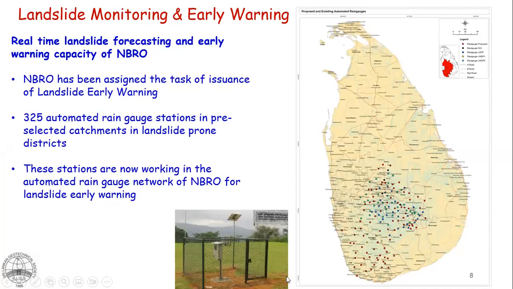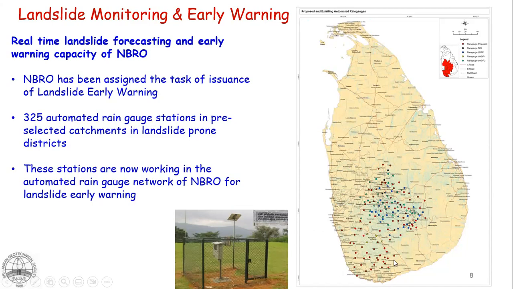Right. We said earlier that landslides in Sri Lanka are triggered by excessive rainfall. So it is very important to monitor the rainfall in critical areas. At present, NBRO has installed more than 325 automated rain gauges in various parts of the critical districts.